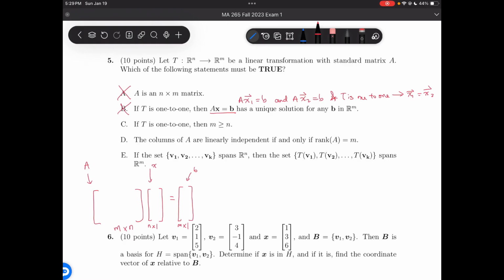And we can also think of a counterexample. One counterexample could be the matrix 1, 0, 0, 1, 0, 0.